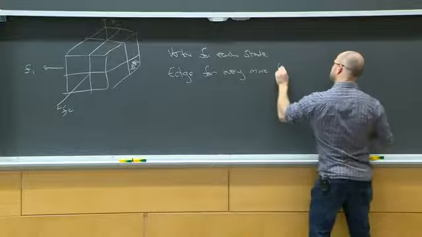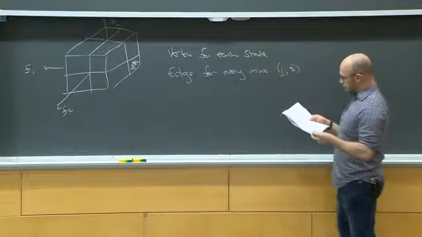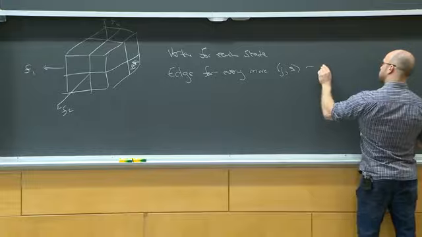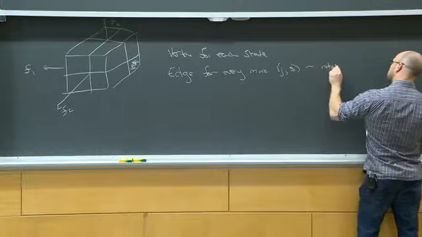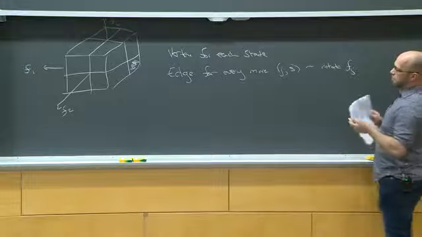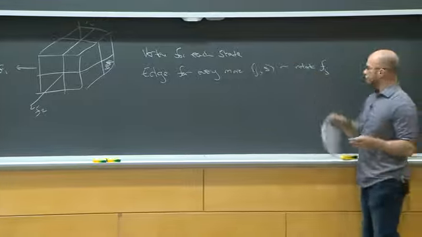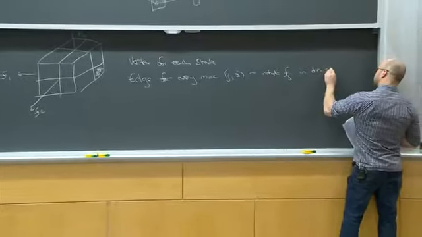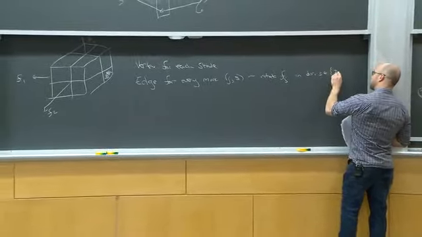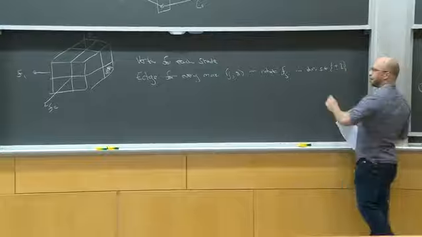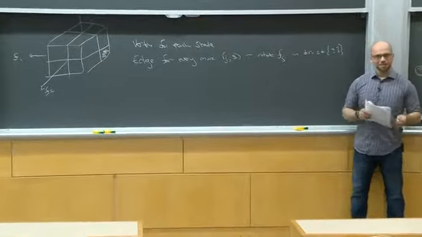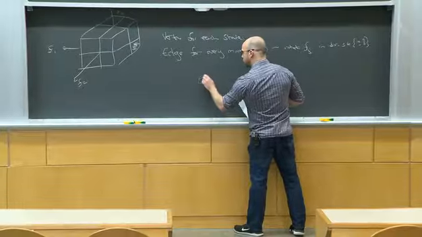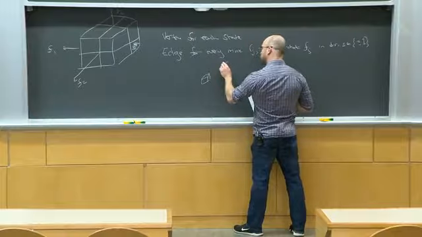And in this problem, we encoded a move as a pair j comma s, where it's saying that I'm going to rotate face fj, where j is 0, 1, or 2, in direction s, and we can index that as plus or minus 1 to say counterclockwise or clockwise. So this is kind of a cute thing, where your graph has a bunch of vertices, which are all Rubik's Cubes.